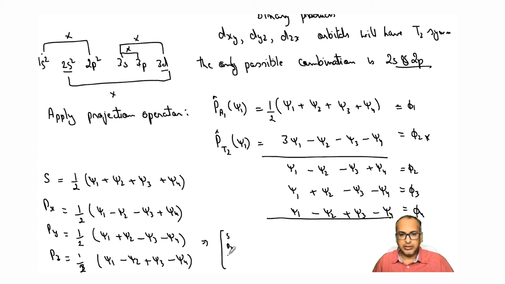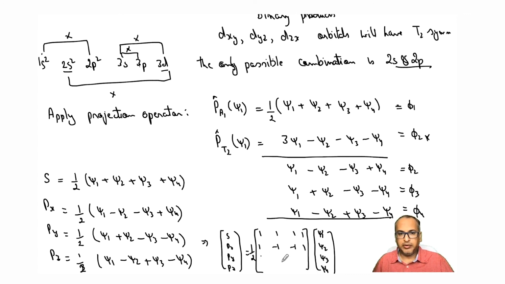Now if I try to write this in matrix form, I can say S px py pz is equal to psi1 psi2 psi3 psi4, and I can take the half outside. This is 1 1 1 1, 1 minus 1 minus 1 1, 1 1 minus 1 minus 1, 1 minus 1 1 minus 1, right? Now if I want to write in terms of psi, what are the combinations of s and p orbitals?